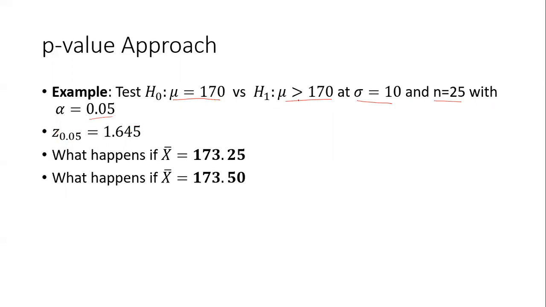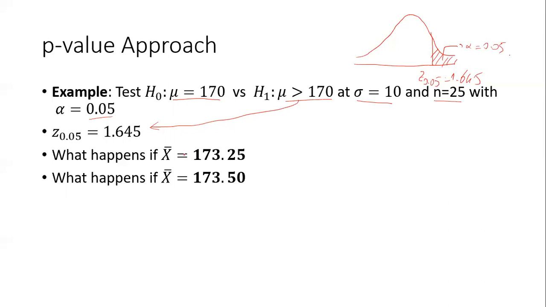Since this is a greater-than type of question, the critical value is at the right-hand side. This is my normal distribution, and this is z sub 0.05, which is equal to 1.645. And this is your alpha, which is equal to 0.05.